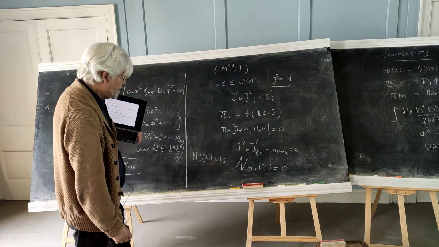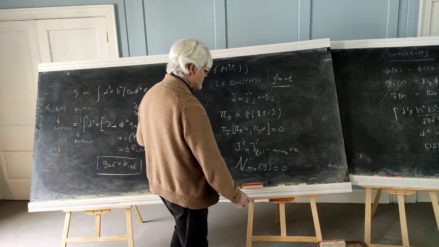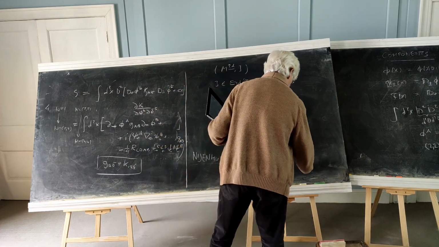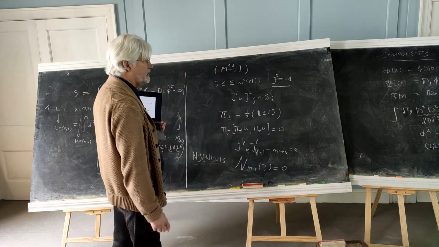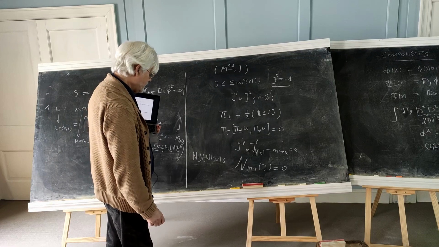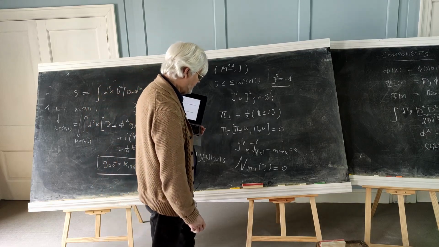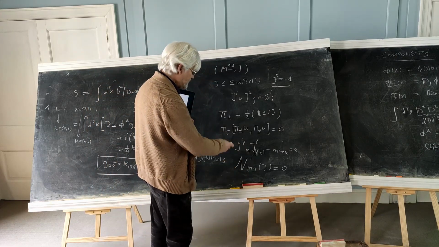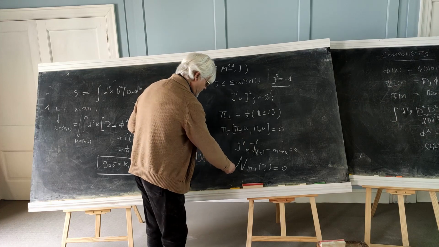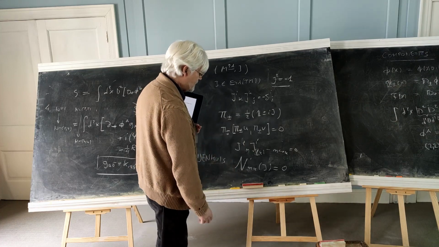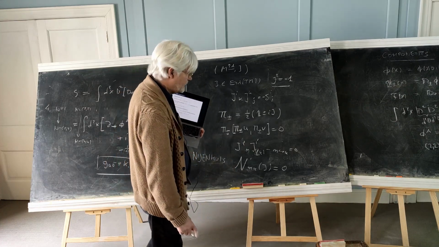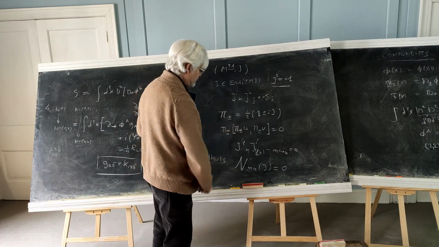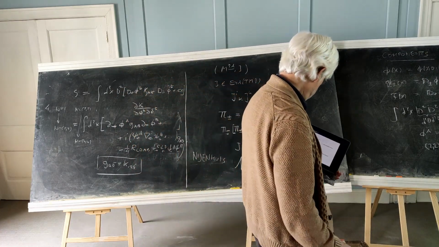So integrability is the vanishing of the Nijenhuis tensor, and that's a theorem by Newlander and Nirenberg that proves that, in fact. But the way we're using it is simply to say J is integrable if this vanishes.